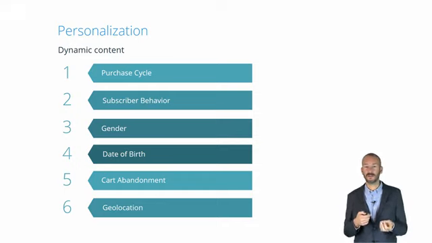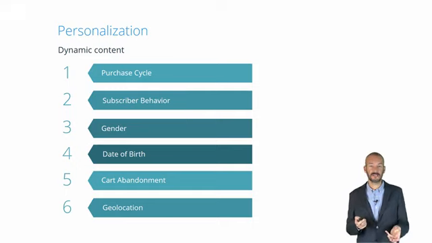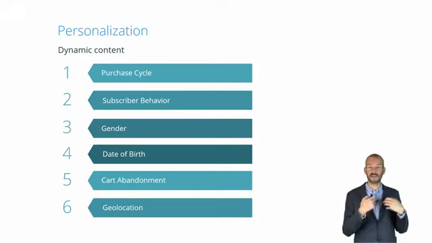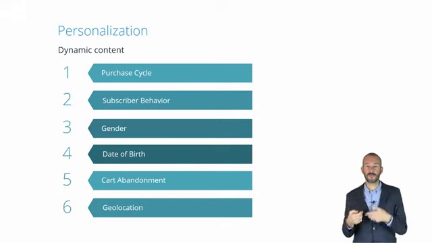Well, cart abandonment in regards to dynamic content means that you'll get an email saying, hey, haven't heard from you for a little while. Are you still interested in purchasing this airline ticket, or this new thing, this piece of electronics, or this service? Because we know you were looking at it based on your activity.